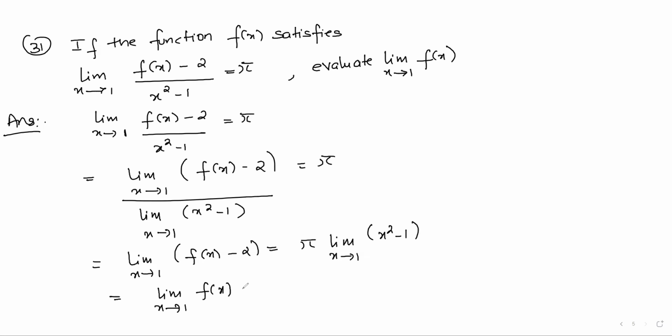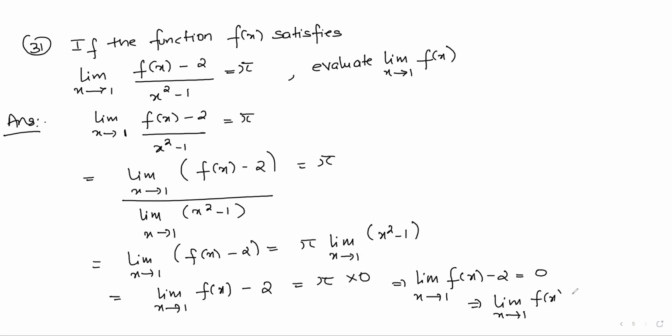This is a constant, so this remains 2, no change here, and this is pi. When you put this limit, this will become 0. So limit x tends to 1 f(x) minus 2 is equal to 0. So this will give you limit x tends to 1 f(x) is equal to 2. So this is the final answer.